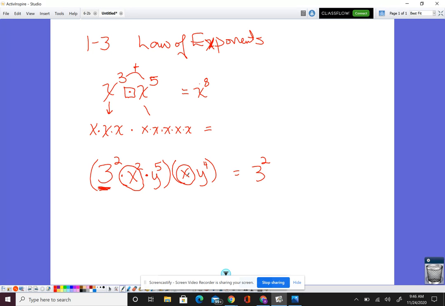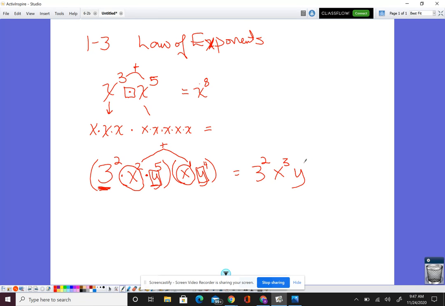What's the exponent on this x when we see it there? How about just 1 for this one? So we have x squared and x to the 1st. We're going to take those two numbers and add them together to get x to the 3rd. And then our y has a power of 5 and a power of 4.